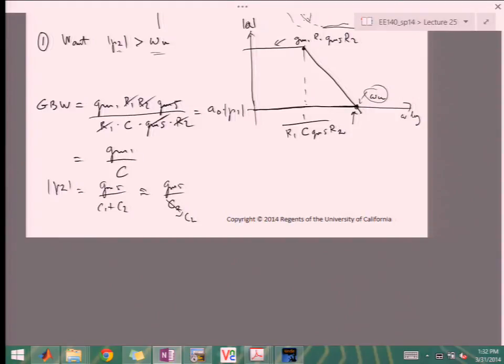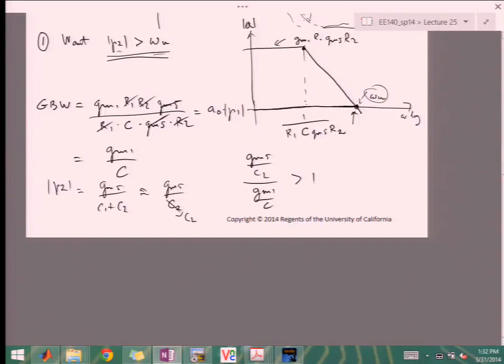So if you look at this, one of the desires we want for a system that has a shot at a better than 45-degree phase margin is that P2 is greater than omega unity, which means that GM5 over CL has to be greater than GM1 over C. Right.